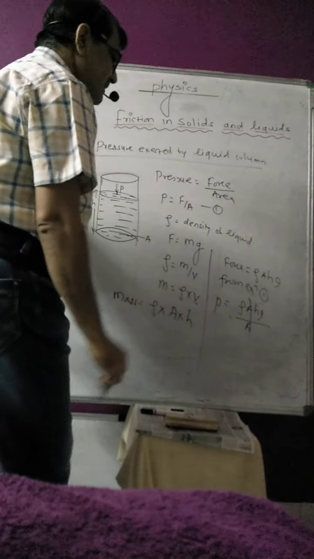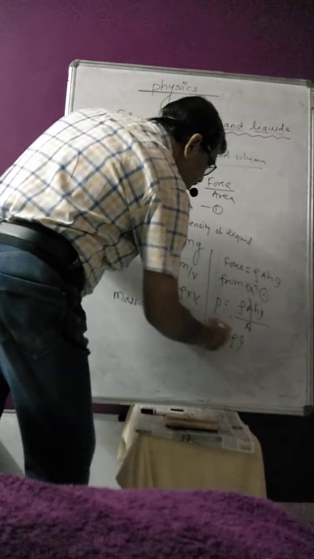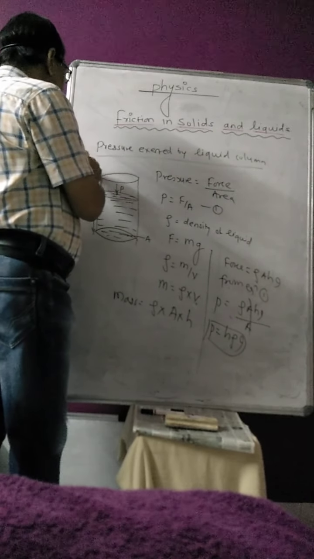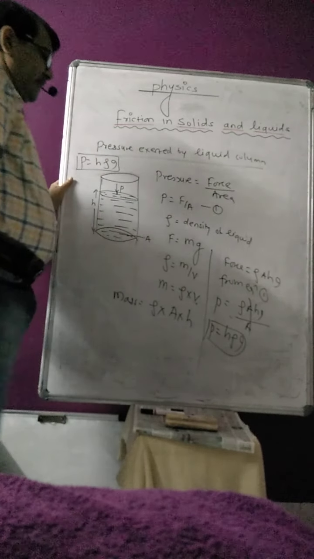The area gets cancelled, so the pressure is equal to h rho g. So what is the pressure exerted by the column? P is equal to h rho g. That is your equation.